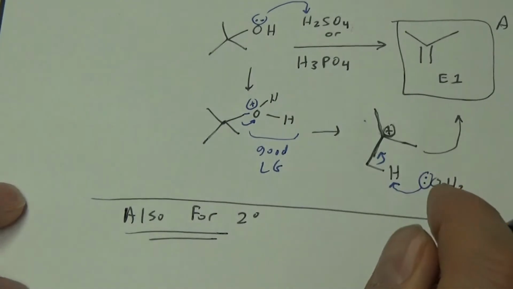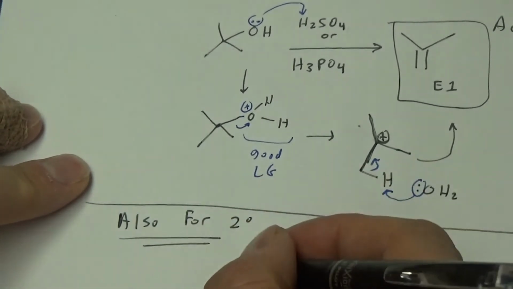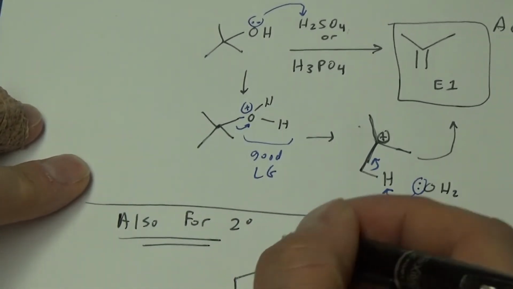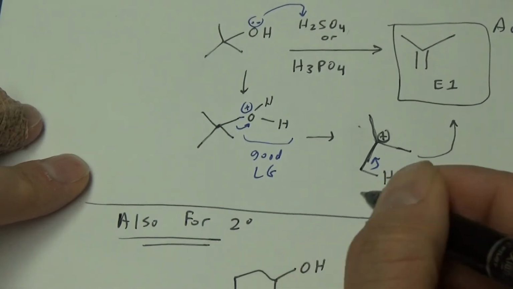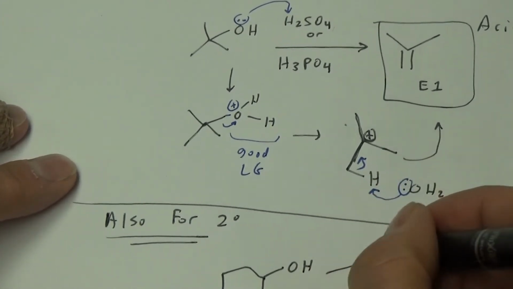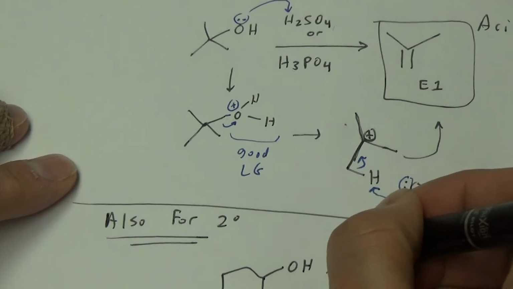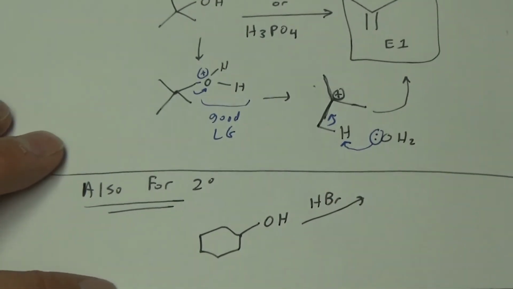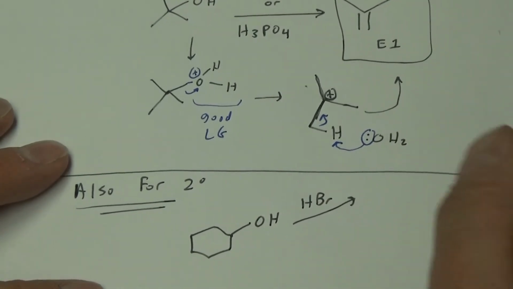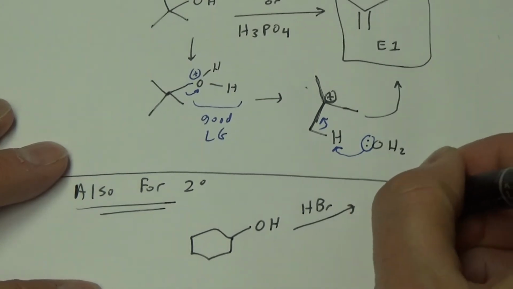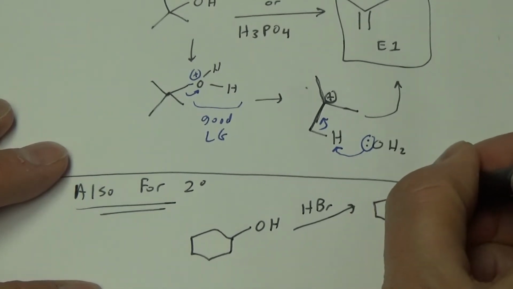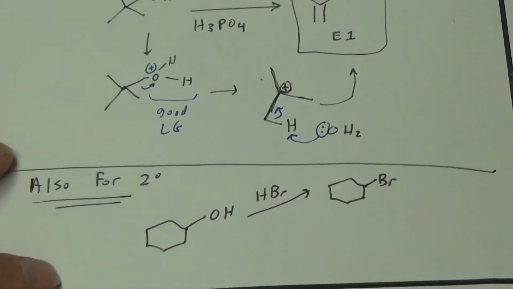All right. So for secondary, if I have a secondary alcohol and I react with HBr, it gives me the secondary bromide. Okay.